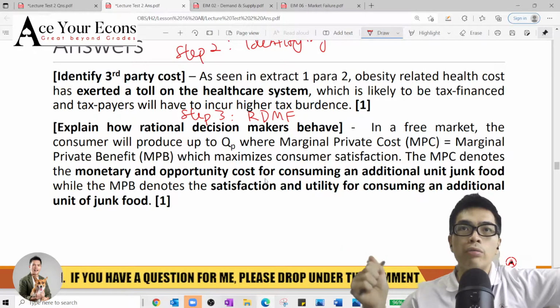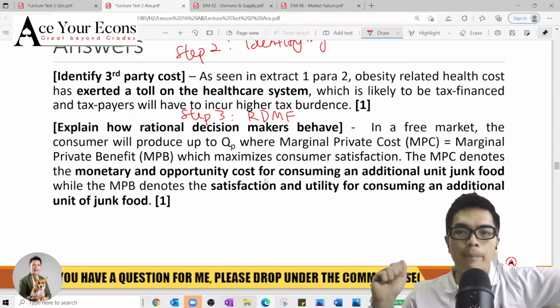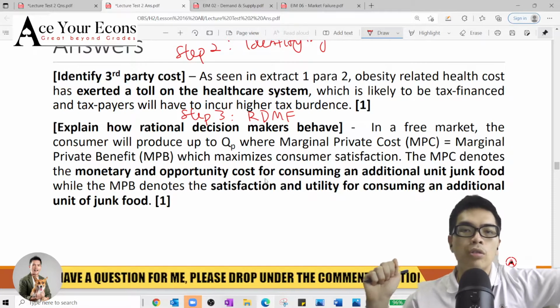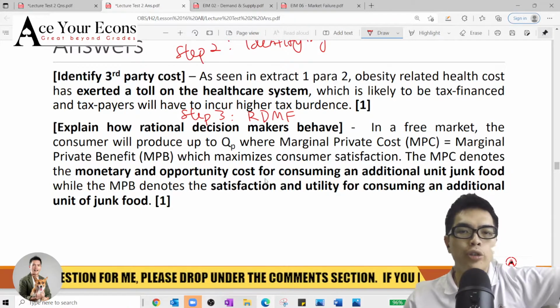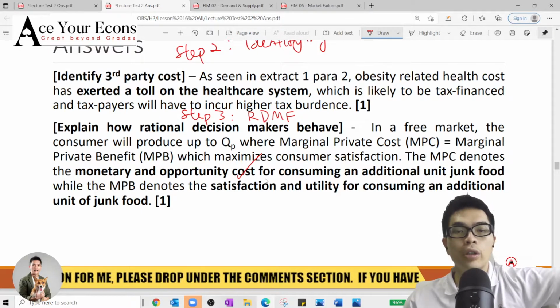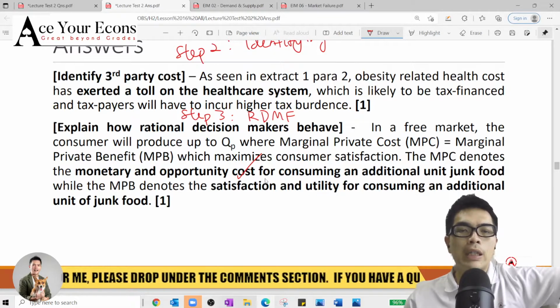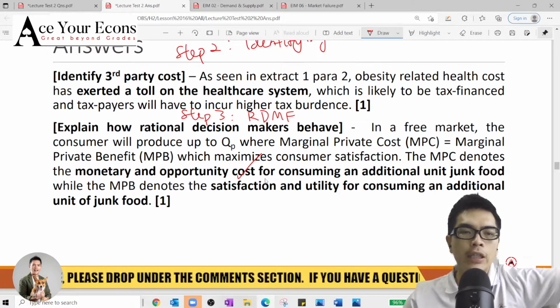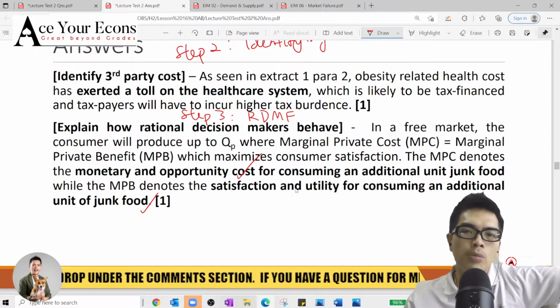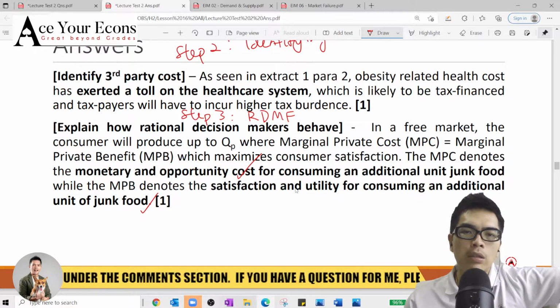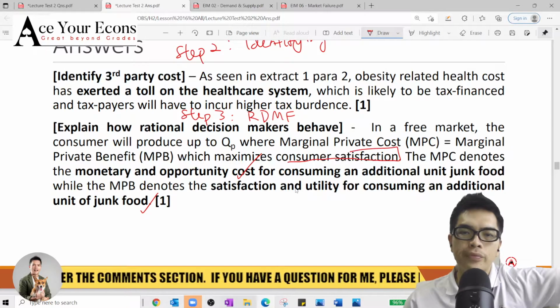So I would like you to state what is the MPB and MPC of consuming junk food. MPC will be the monetary opportunity cost for consuming junk food. MPB will be the satisfaction and utility for consuming an additional unit of junk food. So a consumer will consume up to MPB equals MPC to maximize satisfaction.